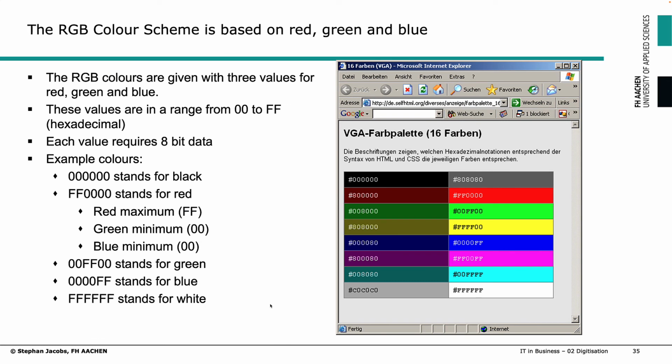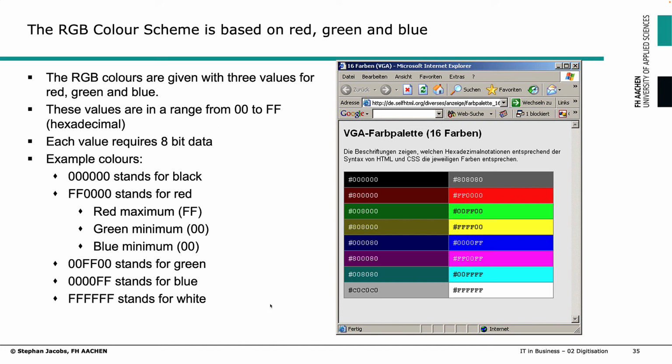Again, let's have a look at this RGB color scheme. You see 0, 0, 0 stands for black. So if there is no red, nor green, nor blue, then simply no color is transported, which means it's black. And the opposite would be FF, FF, FF. So all of red, green and blue are powered up to their maximum.